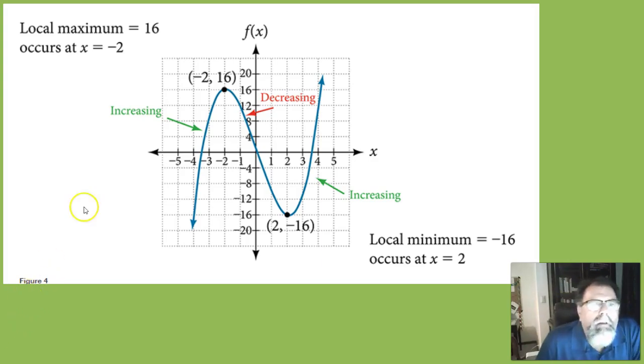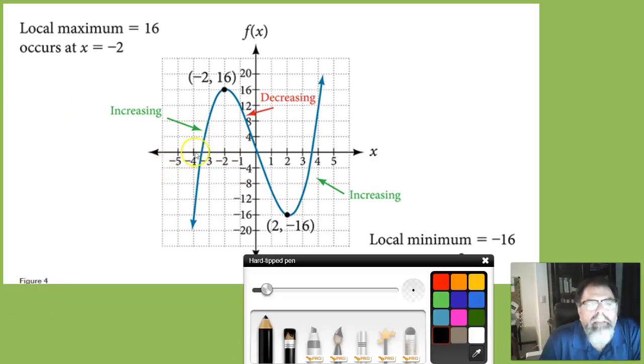Okay, so a local maximum is basically if you take an open interval on the x-axis, right, and you want to find is there a point that's bigger or higher or greater than every other y value, right?